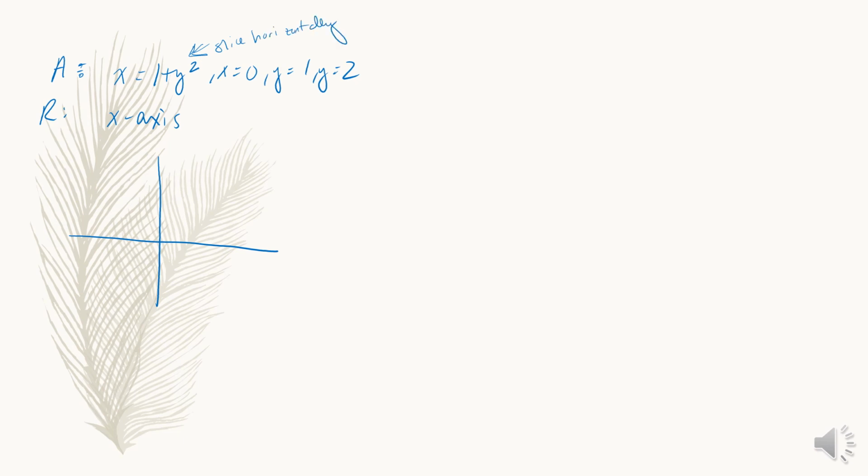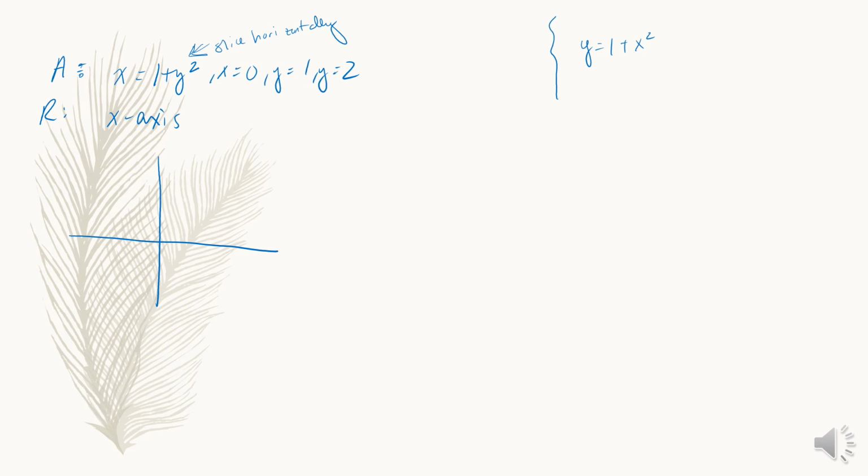And the reason I would like to slice horizontally is because I won't have to rearrange this and get y by itself. So that's just some key things to look for. If it's in terms of y, which this is, then you probably want to slice horizontally. If it was an equation, let's say it was y equals 1 plus x squared, well, that would make me think I should slice vertically because it's in terms of x. Doesn't always work, but that's just kind of a good thing to look for.